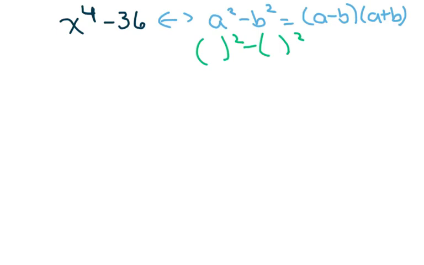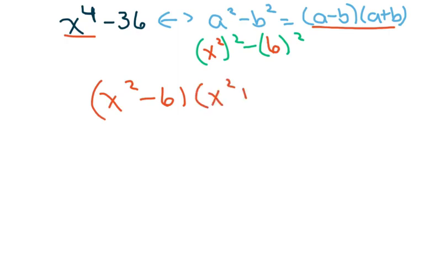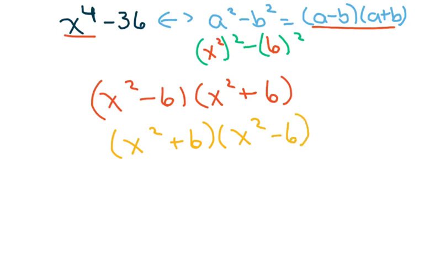My a is x squared, because x squared to the second power is x to the fourth, and my b is 6. So I'm just going to fill it in here. So I'm going to get x squared minus 6 times x squared plus 6. And that's all you have to do. Of course, it doesn't matter what order you put this in, because it's just multiplying. And that would be your answer, simplified.